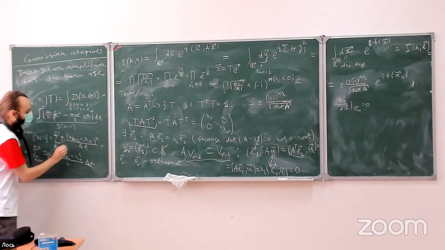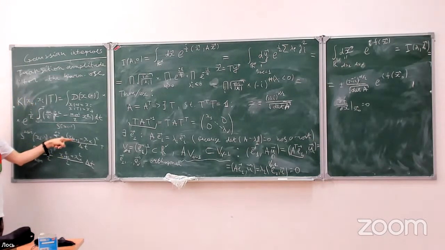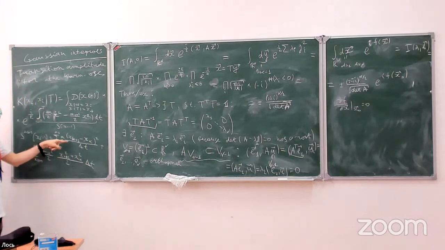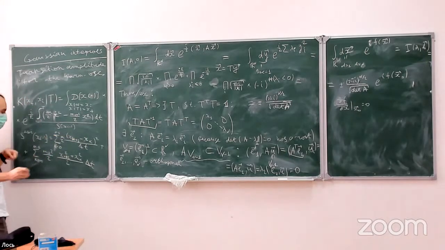We see that there are x0 and xn in this expression. So you see that xn equals x final and x0 equals x initial.